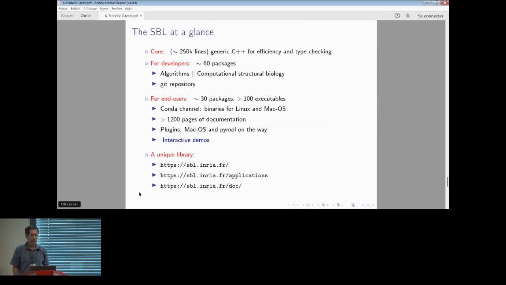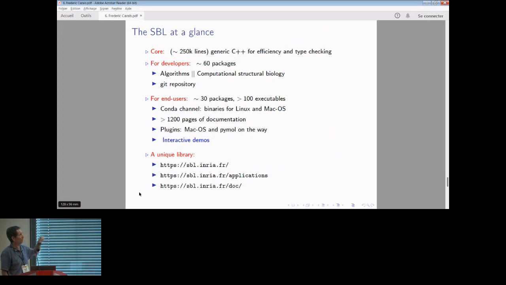And so at a glance in the SBL, we have of the order of 250K lines of C++. So, of course, the caveat is that this is flexible, but it's a bit complicated because if you're familiar with templates, these are like nested Russian dolls, right? You have a class which is parameterized by your class, etc. And so the code design is a bit complicated.